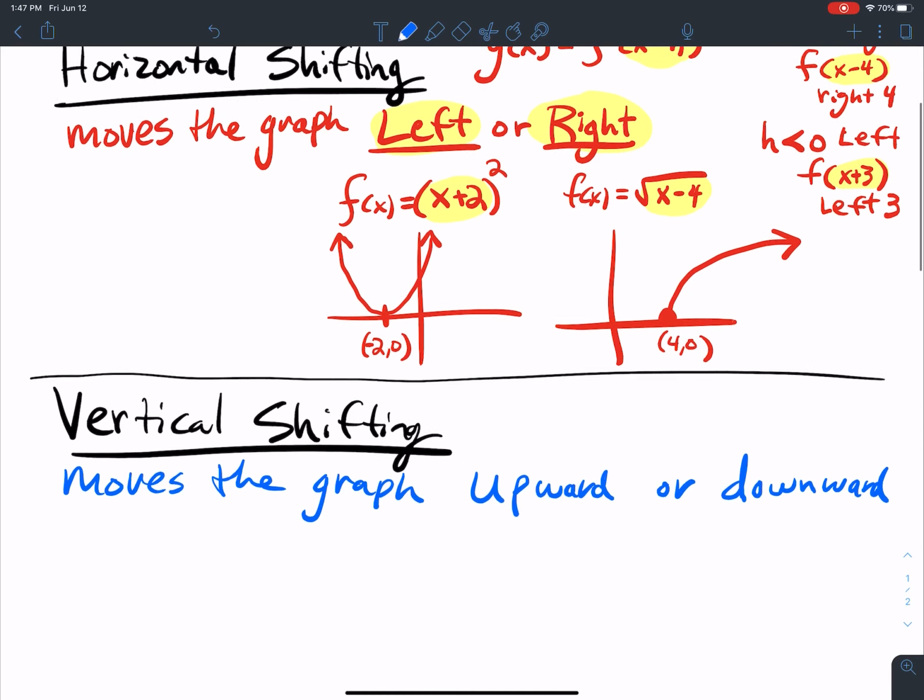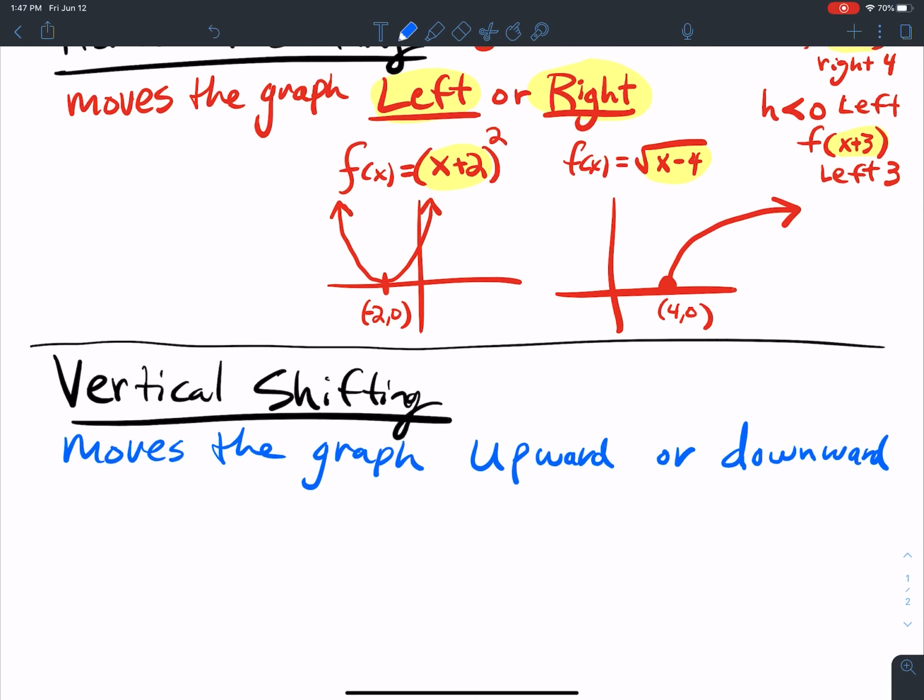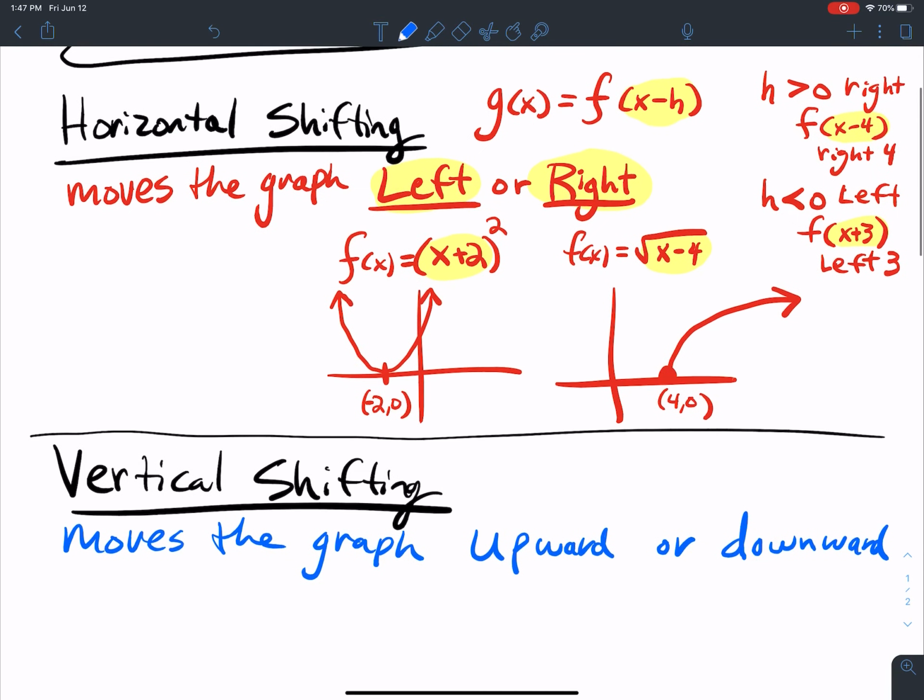Okay, moves the graph up or down. So vertical shifting, if I have some g of x, it's equal to f of x plus some number k. And if k is positive, we go up. And if k is negative, we go down.